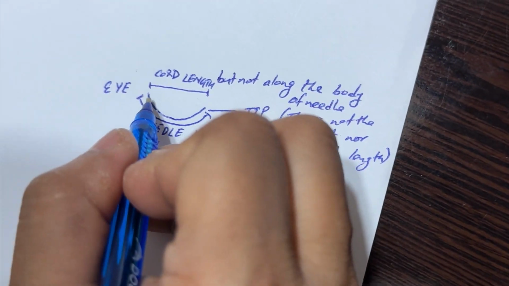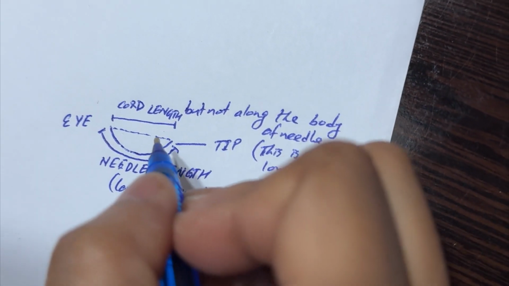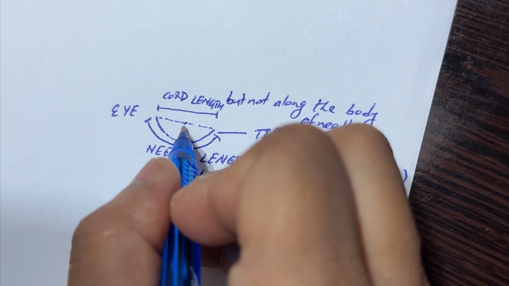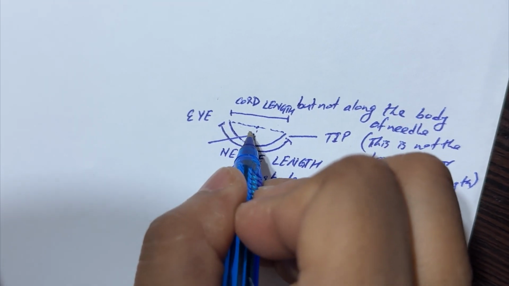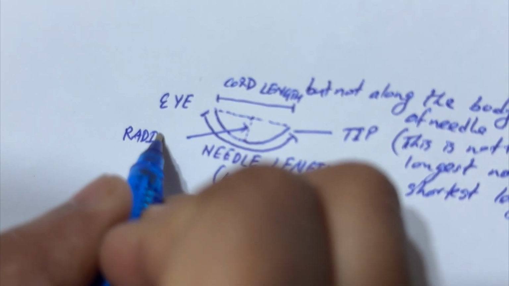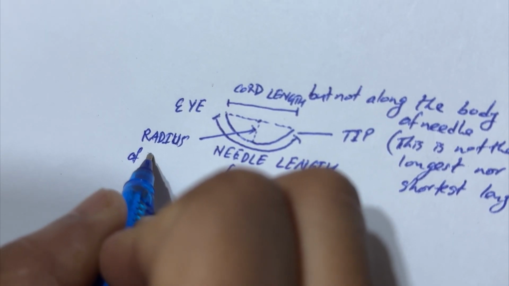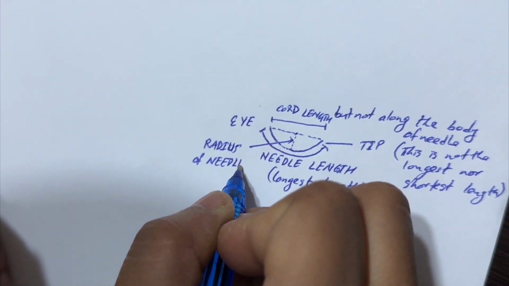So now look here. Let me draw here once again. This was our chord length. From the middle of the chord length, understood the point, till the middle of the body, this is called the radius of the needle.